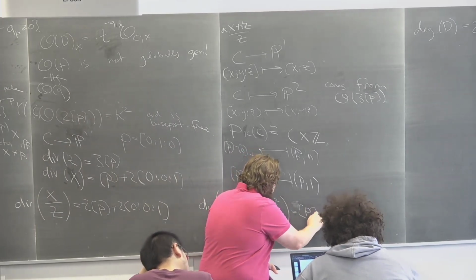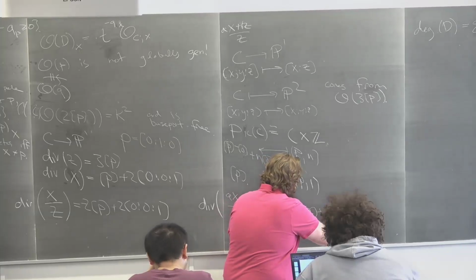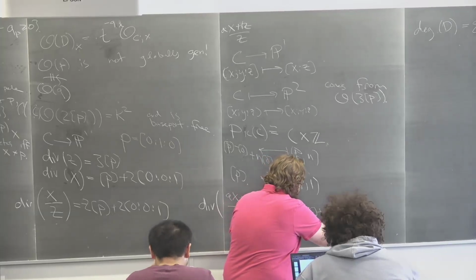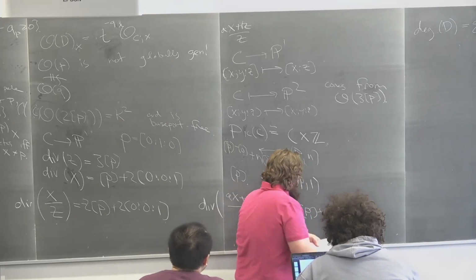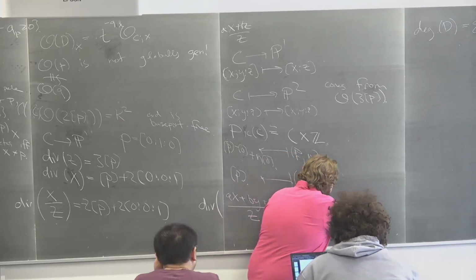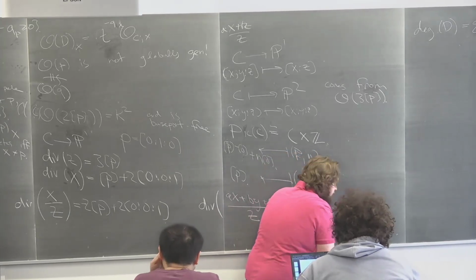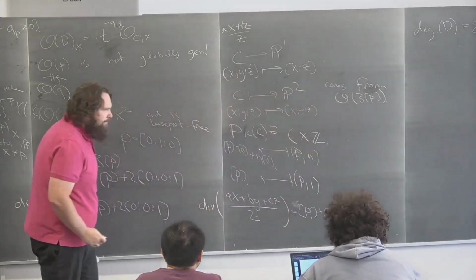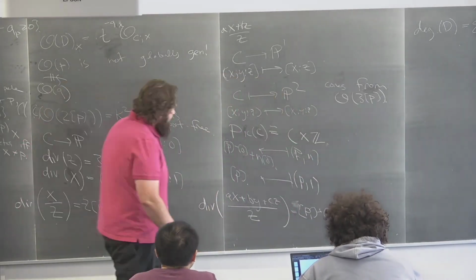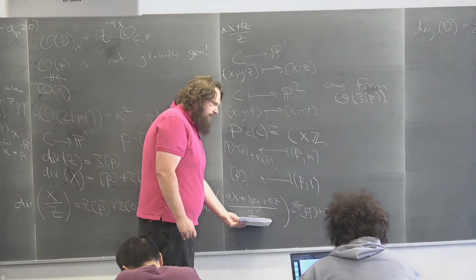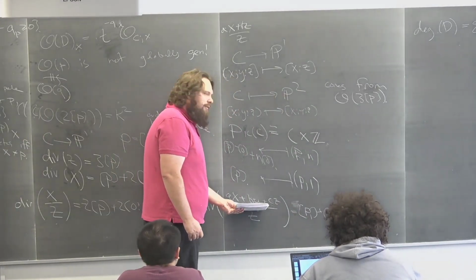So P1 plus P2 plus P3 minus 3 times 0. The 3 times the base point comes from dividing by z.